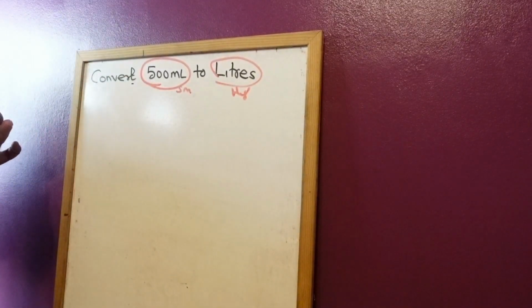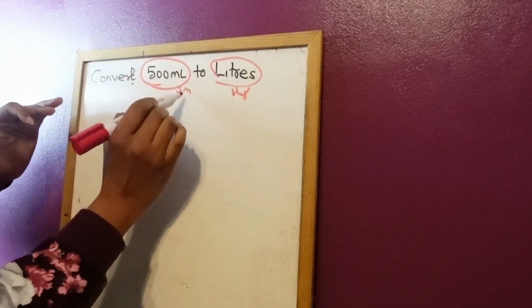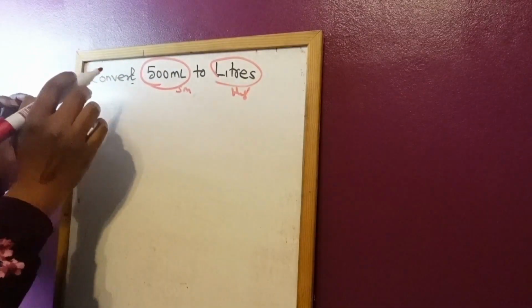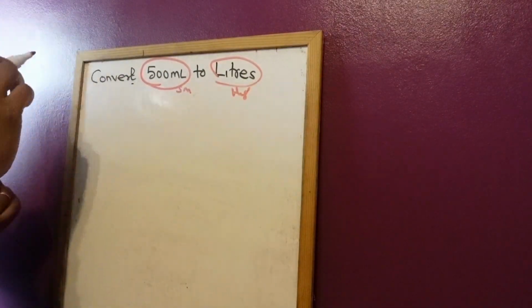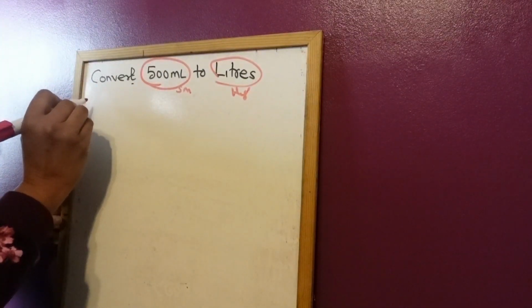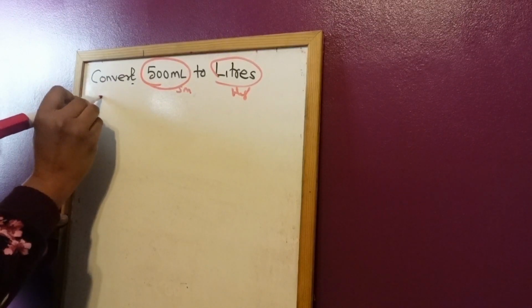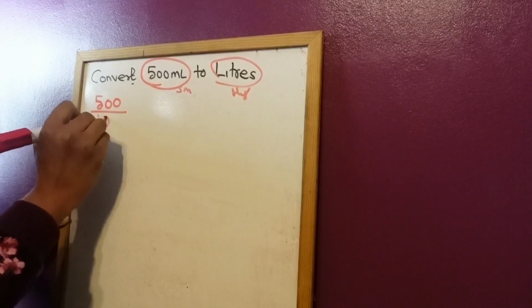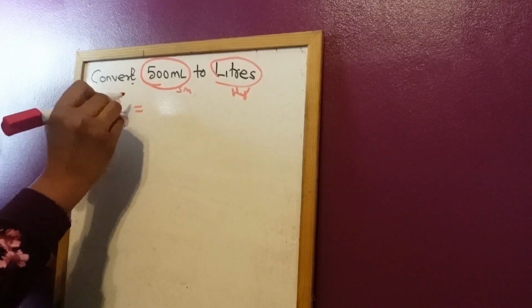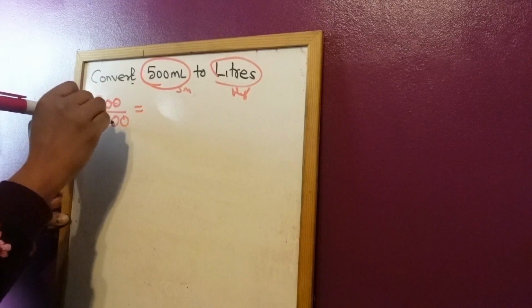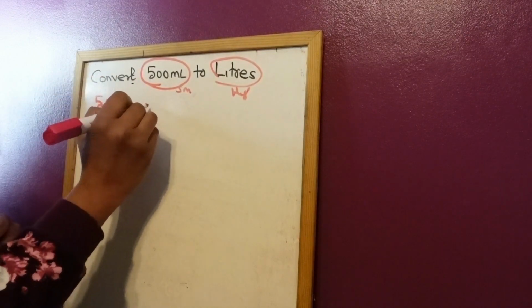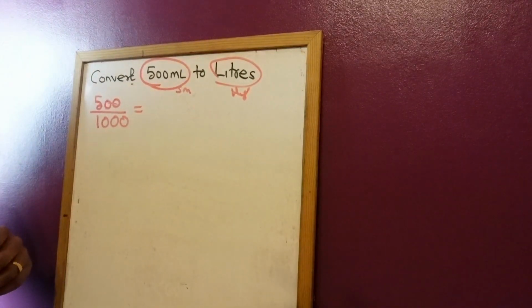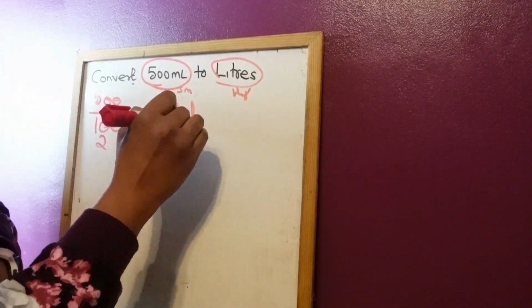For our formula, for smaller to higher, you have to divide. So 500 by 1000. How much do you get? Half a liter.